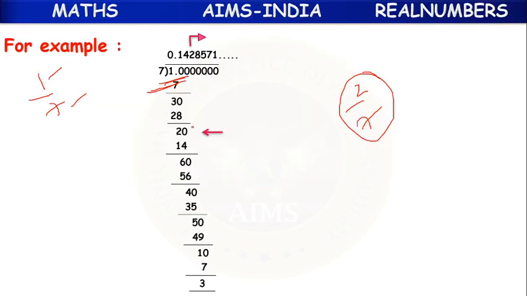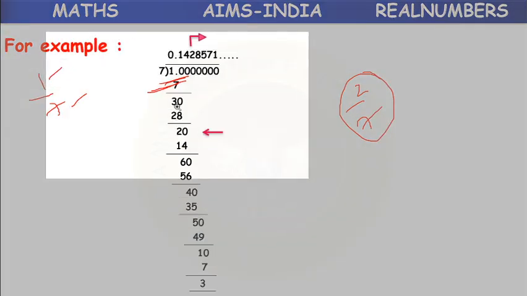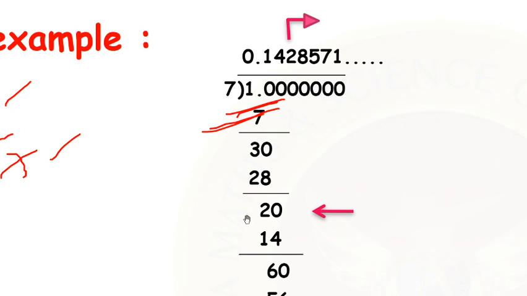So here, where is 20? So children, here where is 20? In the division part of 1 by 7, please listen carefully. We have 20 here. Means how many times we have multiplied when we have 20?